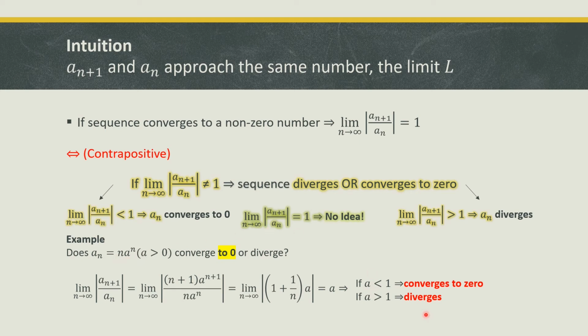And again, if a is equal to 1, we cannot say anything, but clearly we can say from looking at the given that if a equals 1, then this actually diverges, because we'll be left with n times 1 here. Okay, but we cannot use this test to say that. We have to look at the whole given.